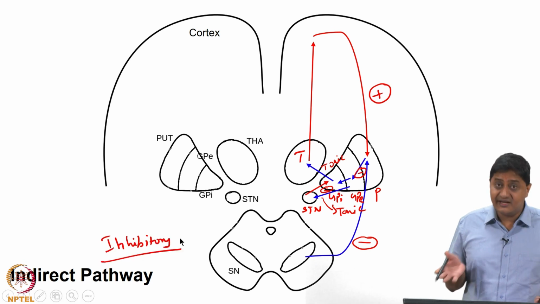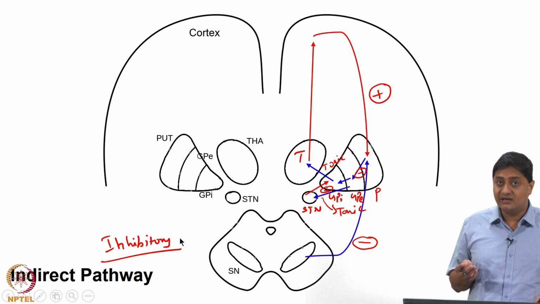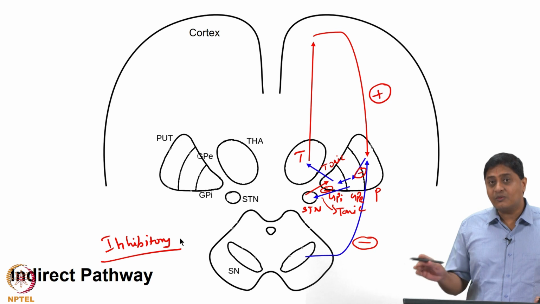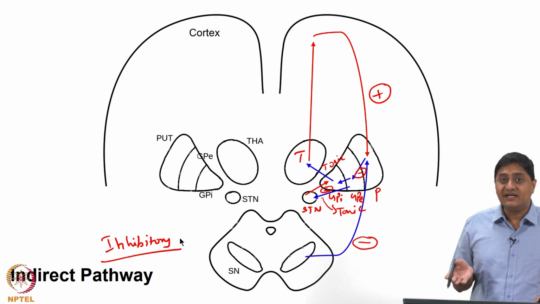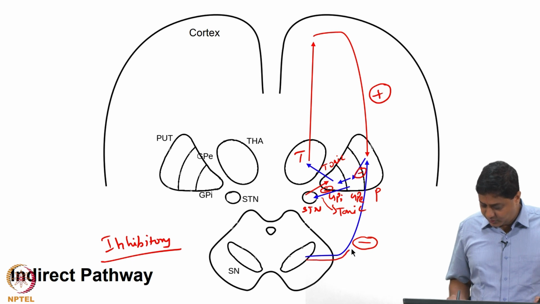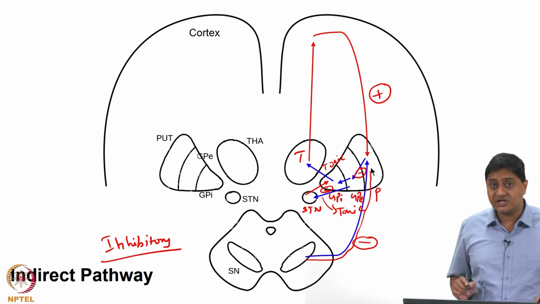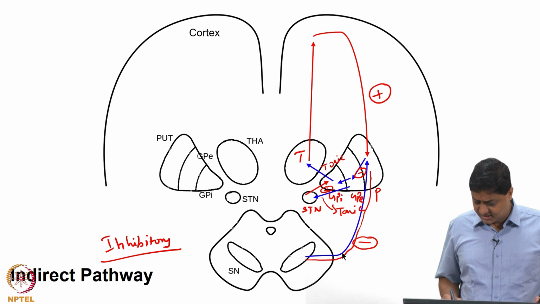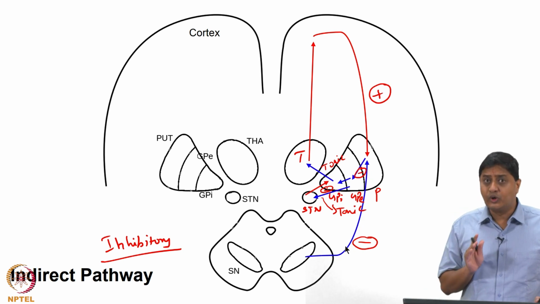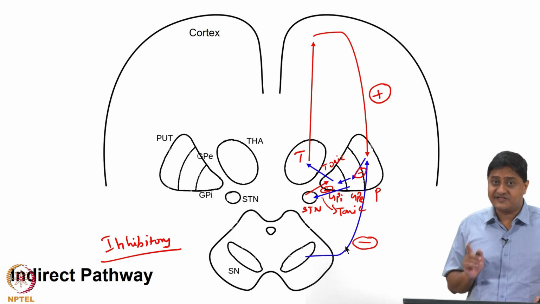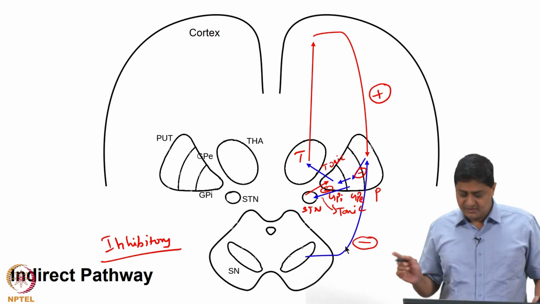So, whenever the indirect pathway is excited, the level of inhibition provided by the GPI neurons to the thalamocortical neurons actually increases. Note what I have not explained here is the important role of the nigrostriatal pathway in this, which is inhibiting the indirect pathway. So, I already mentioned that the effect of dopamine on the thalamocortical neurons is always excitatory. This is something that we will discuss in future classes.